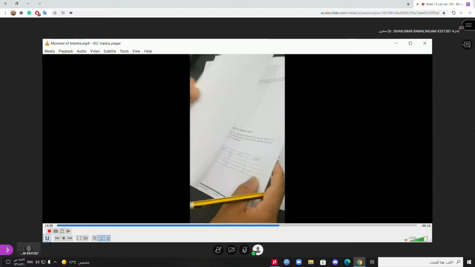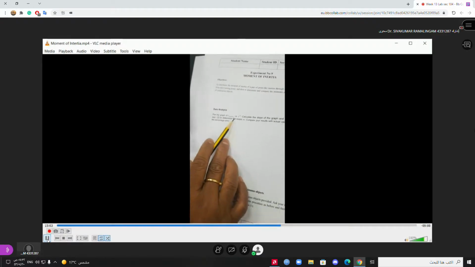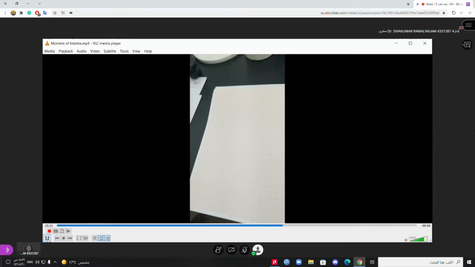After completing this, I am going to draw the graph between I masses versus R square. I masses should go to the y-axis, R square should go to the x-axis. Now, let me take this.